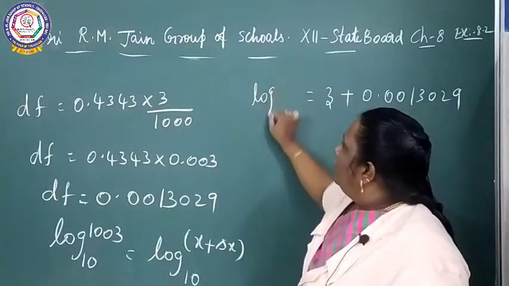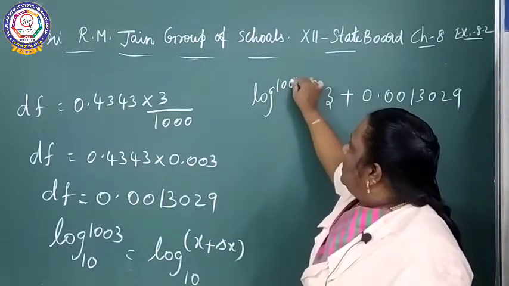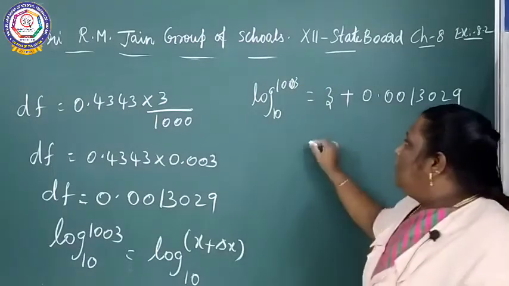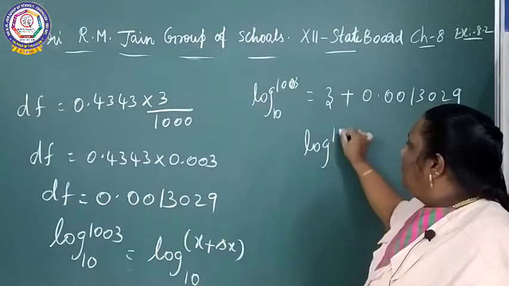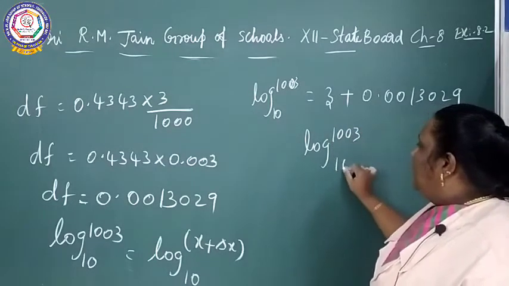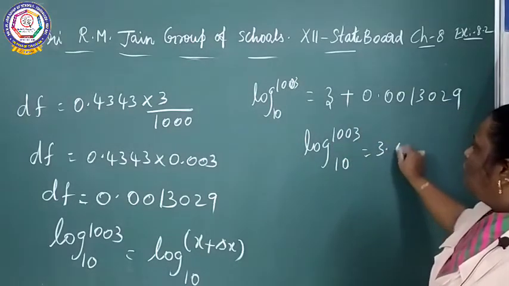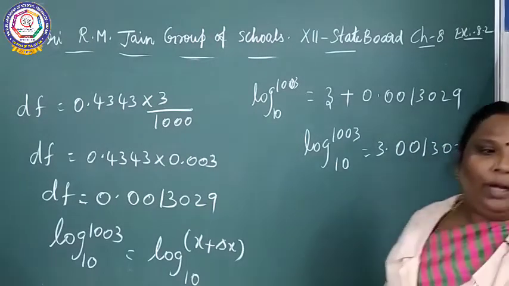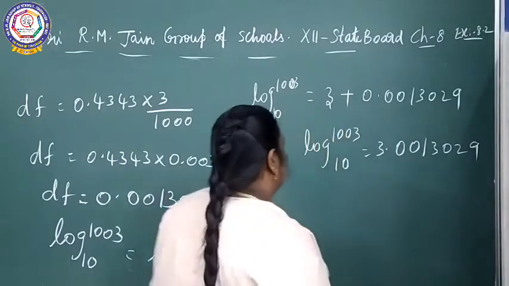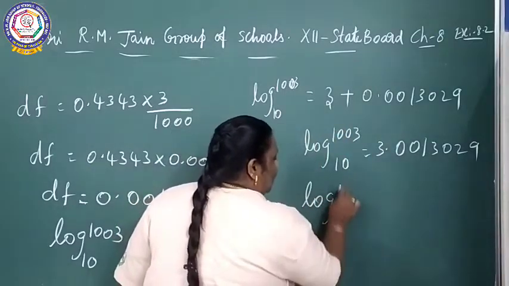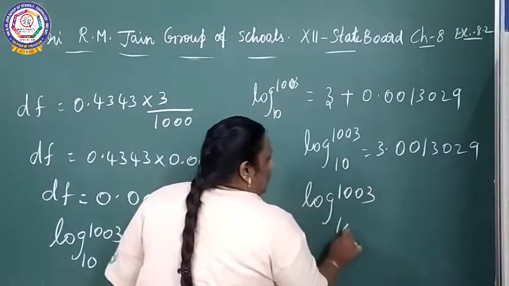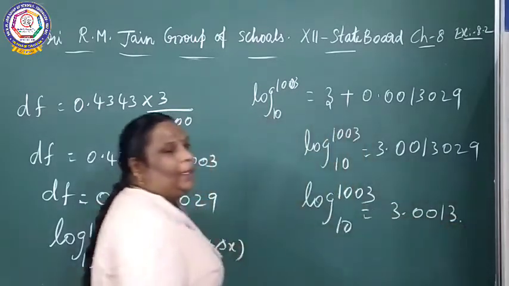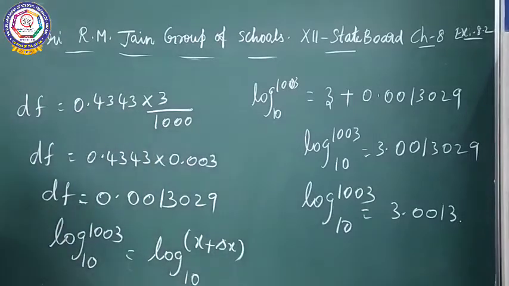So log of 1003 base 10 equal to 3.00130229. So log of 1003 base 10 equal to 3.0013. The value is 3.0013.